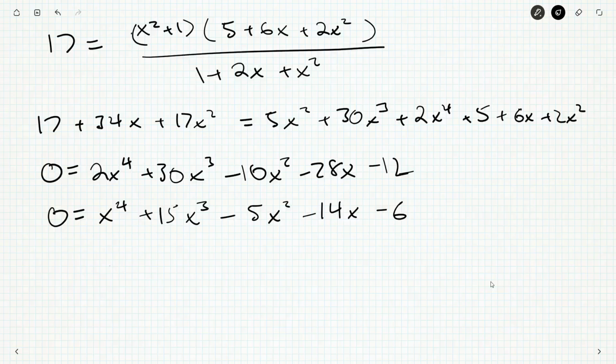Minus 14, no, that's not going to work. 0 certainly isn't going to work. Alright, last ditch effort, we'll try 2. And then I think maybe I have to go back to the drawing board. 8 times 15 is 120. Minus 20, minus 28. Yeah, there's no way that's working.